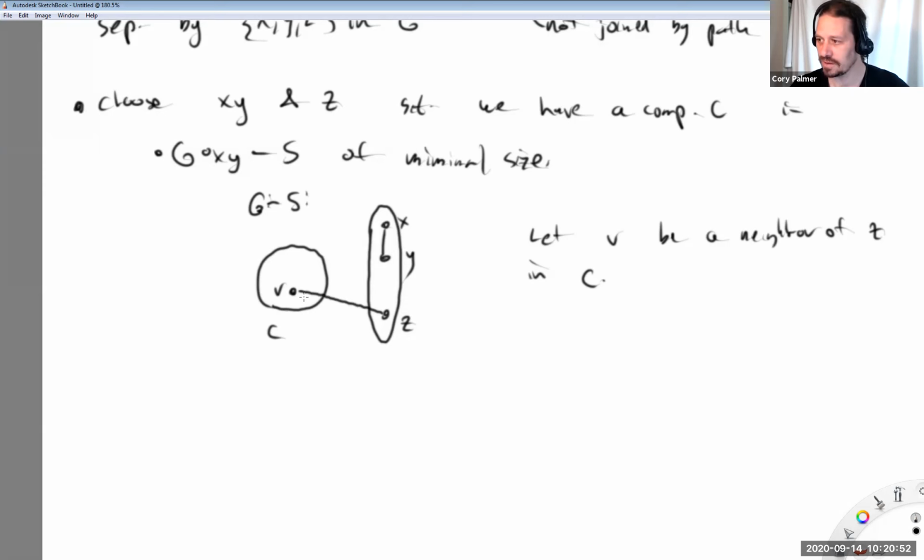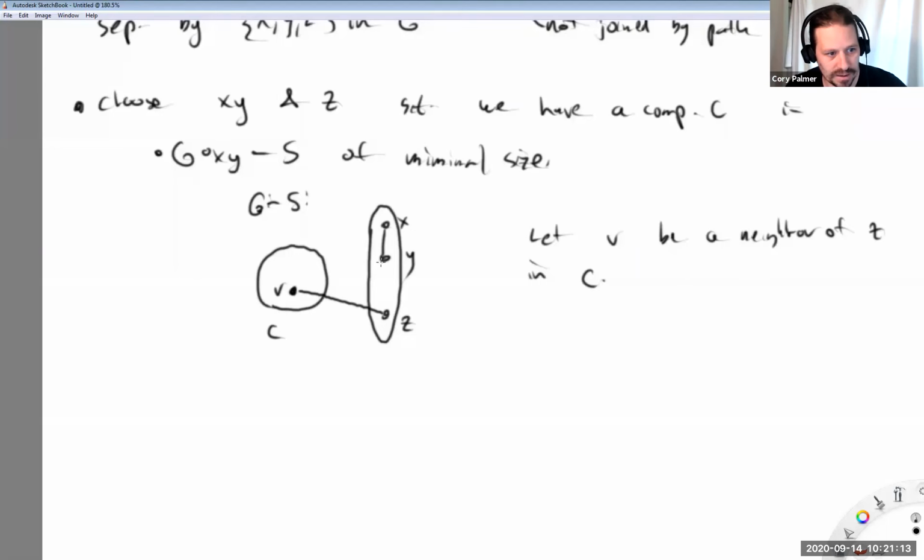Does such a thing exist? Yes. If there's no vertex in C that's adjacent to Z, then there's no reason to delete Z. I can already get away with deleting X and Y to disconnect C. There's always got to be an edge going to each one of these guys here. Otherwise, why do I even need to delete Z to disconnect the graph?